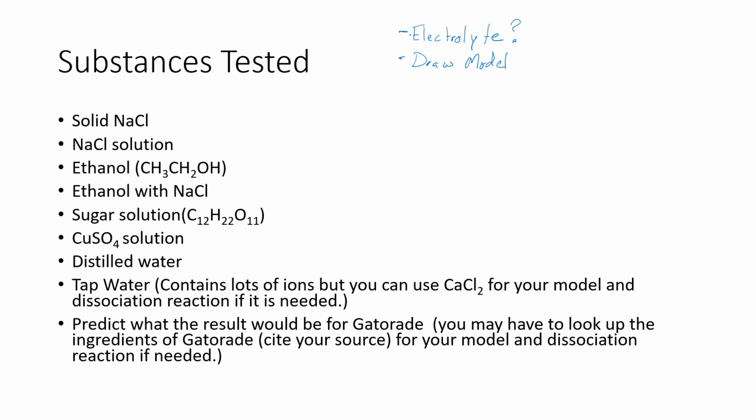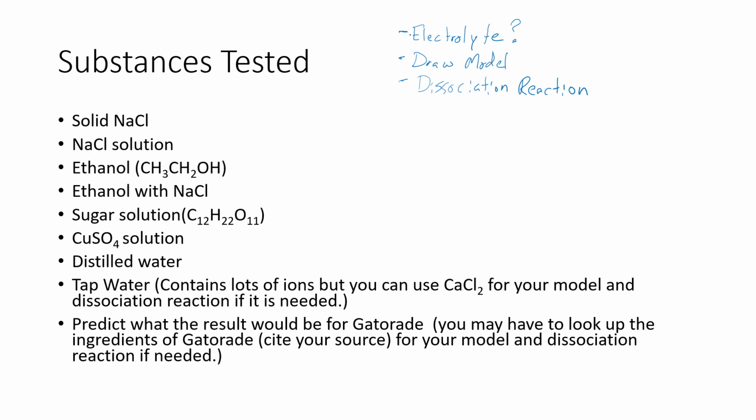Okay, so we're going to draw a model, and then if it is an electrolyte, but only if it's an electrolyte, include a dissociation reaction. Okay? And so that's what I'm looking for each one of these substances.